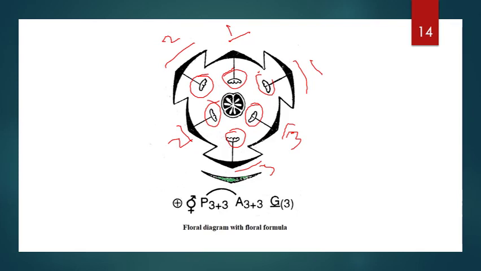After this we discuss the female reproductive part of flower, that is gynoecium. So gynoecium possesses 3 carpels, tricarpellary, and these 3 carpels are fused together, so they are syncarpous. Each carpel possesses 1 locule.